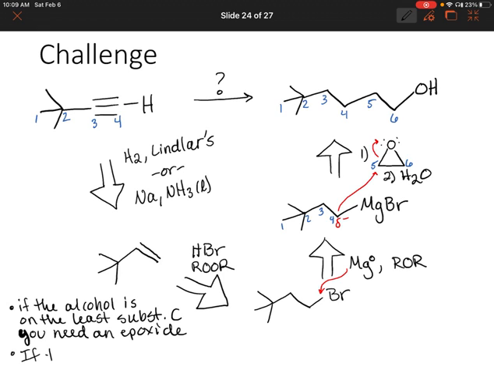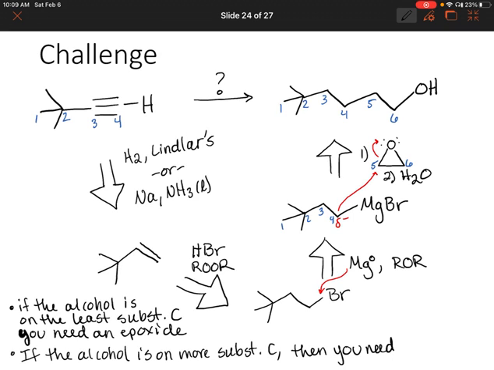So if the alcohol is on a more substituted carbon, then you need a ketone or an aldehyde. And then you can turn it into an alcohol by using a reduction reagent.